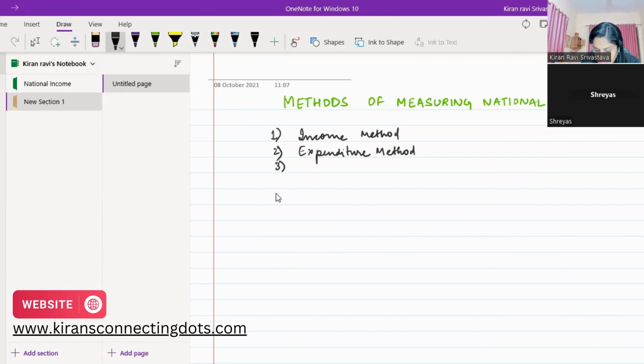And the third method is called the value added method. I will be explaining each of the methods, and after each method, I will be covering one numerical each, which will explain the whole concept at large.